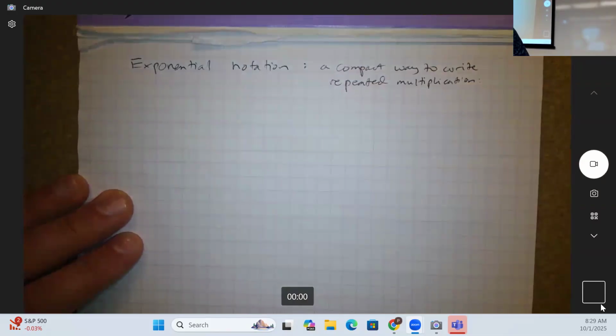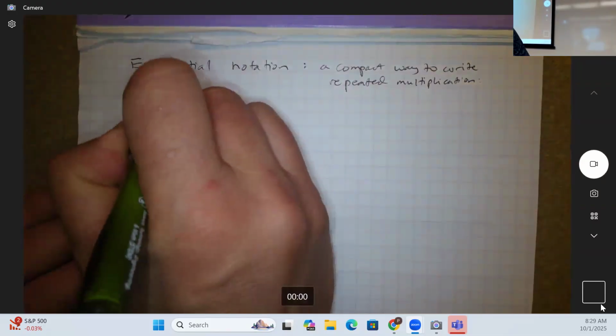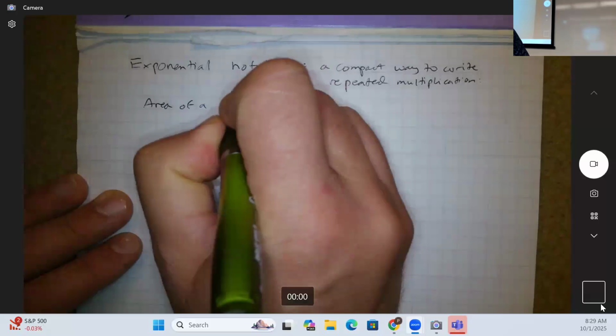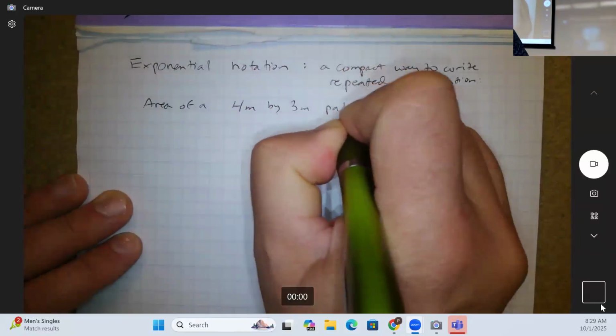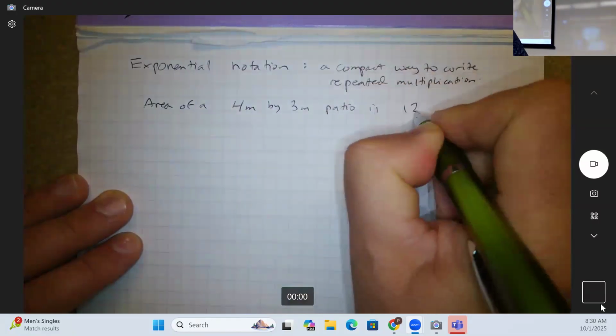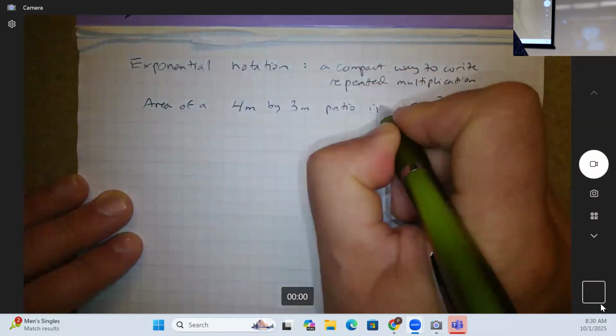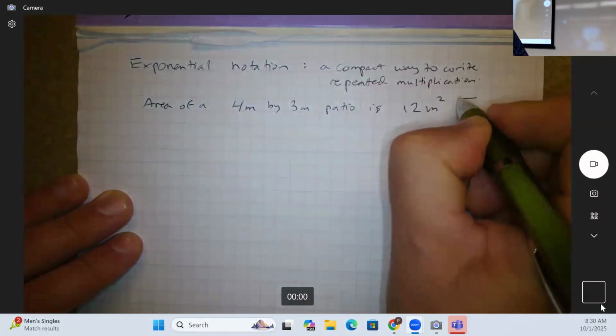We already actually saw that once. The area of a 4-meter by 3-meter patio is 12 meters squared. There's our exponent.